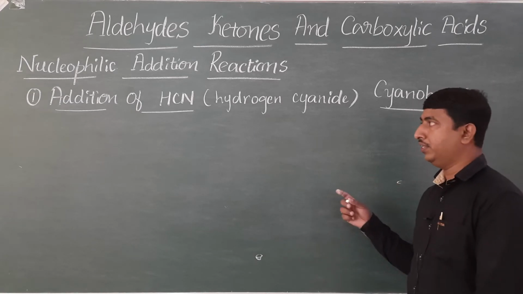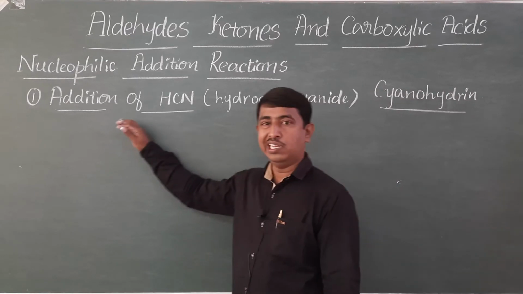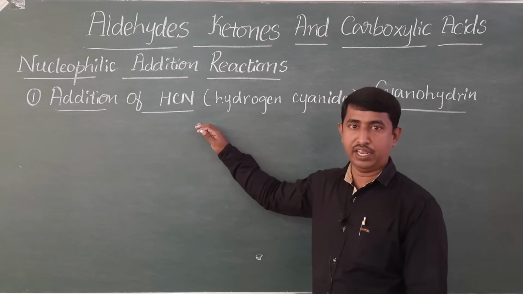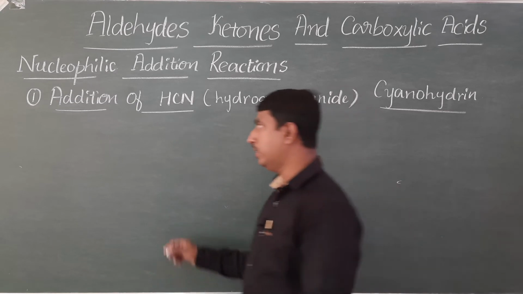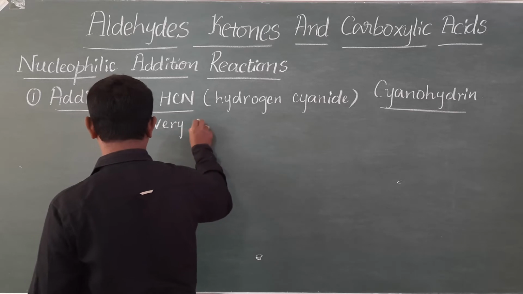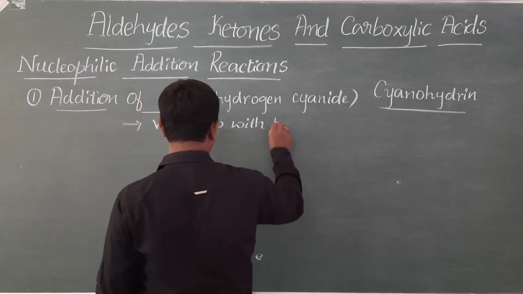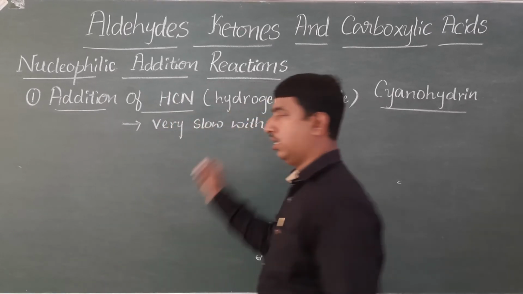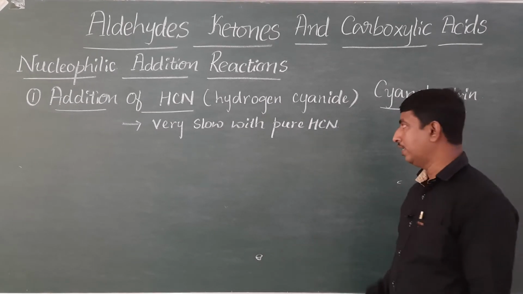So aldehyde reacts with HCN forming cyanohydrin. Ketones also react with HCN forming cyanohydrin. But the reaction of aldehyde or ketone with pure HCN is very slow. The rate of the reaction is very slow with pure HCN.